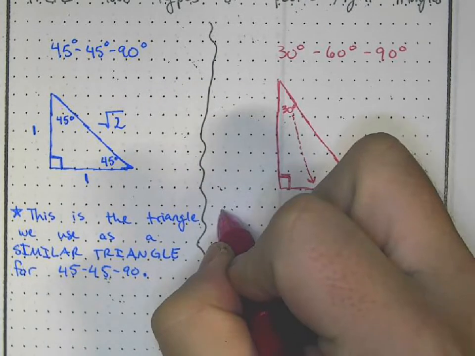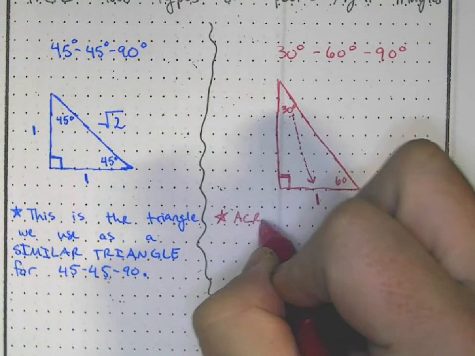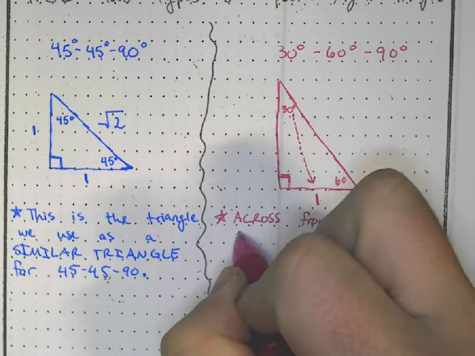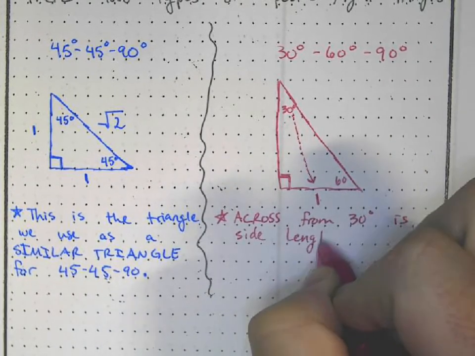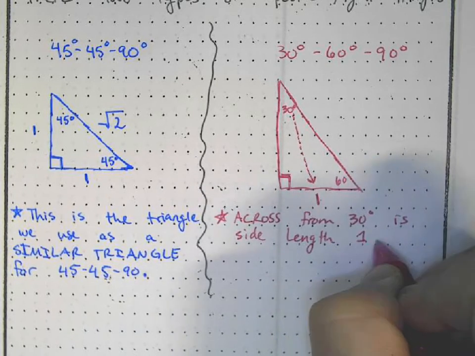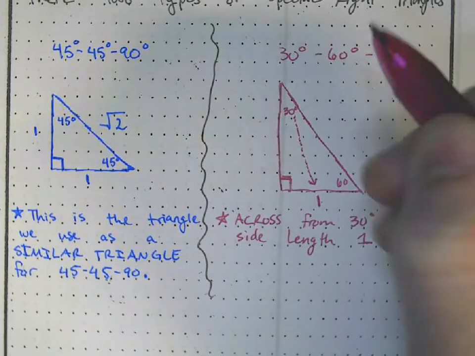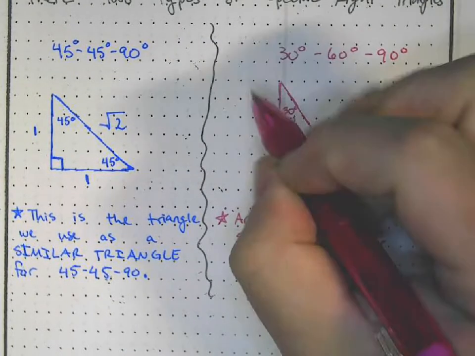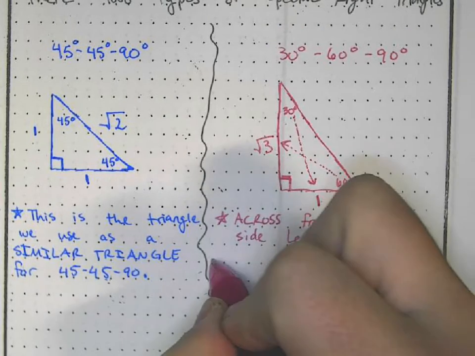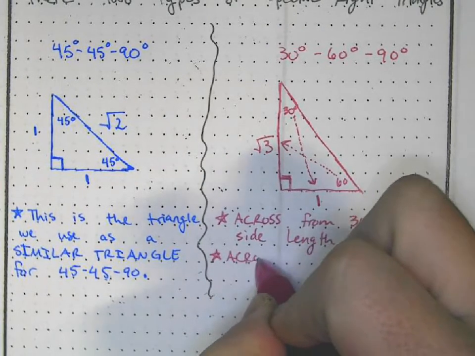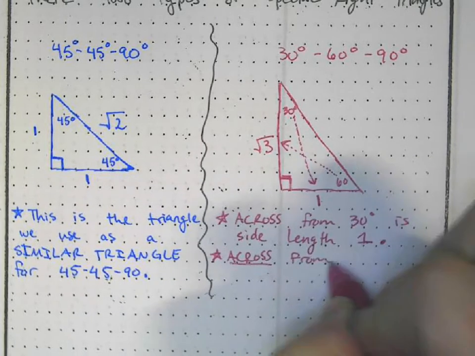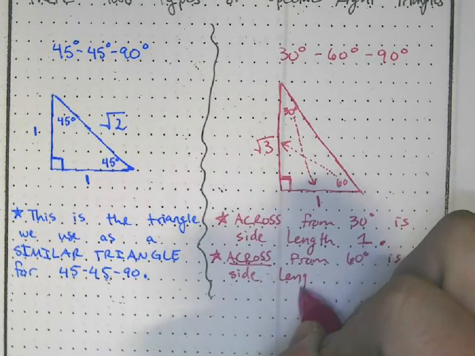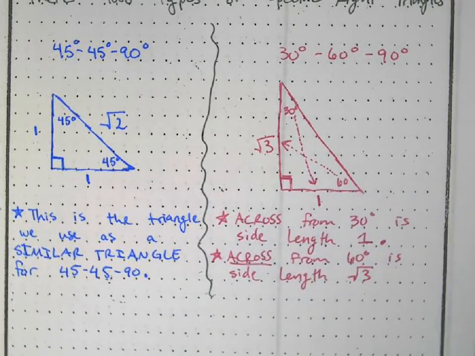So across from 30 degrees is side length 1. And then across from the 60 degrees, if I look across from the 60 degrees, this side length will be root 3. So across from 60 degrees is side length square root of 3.